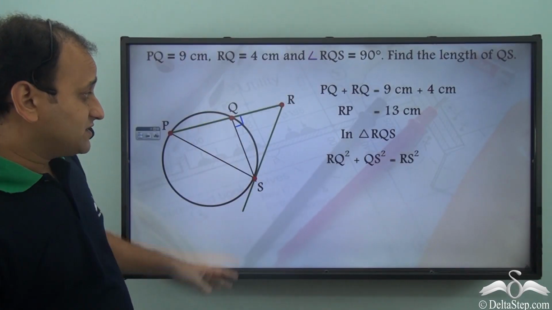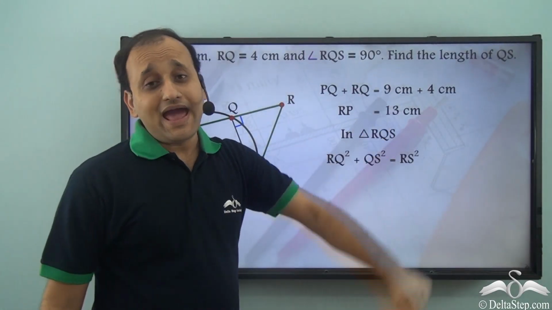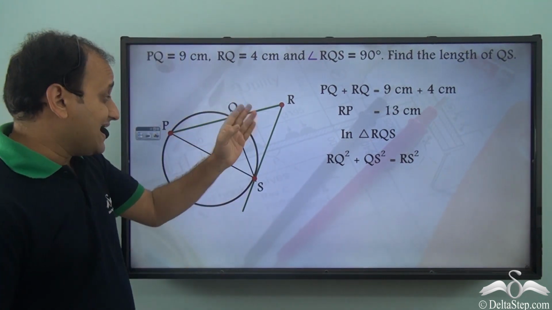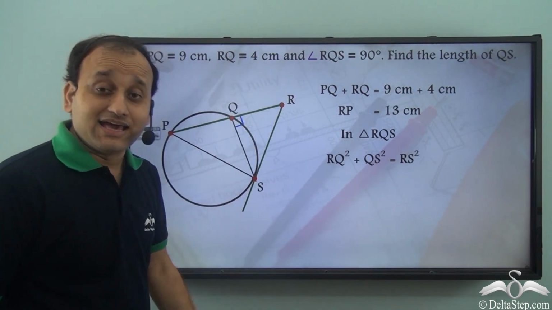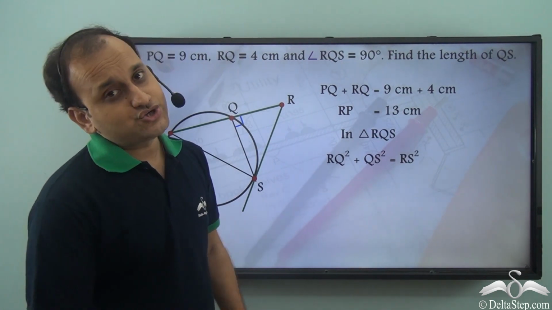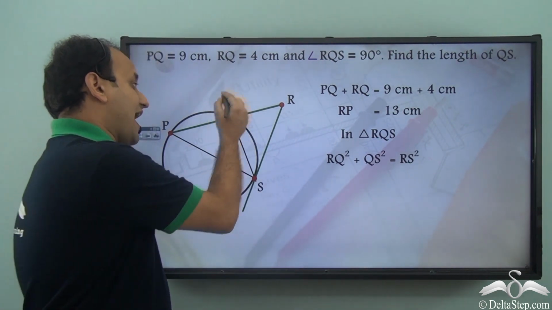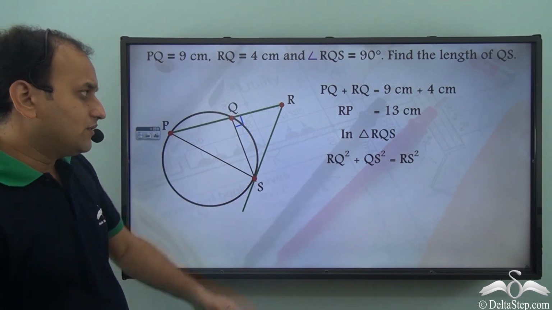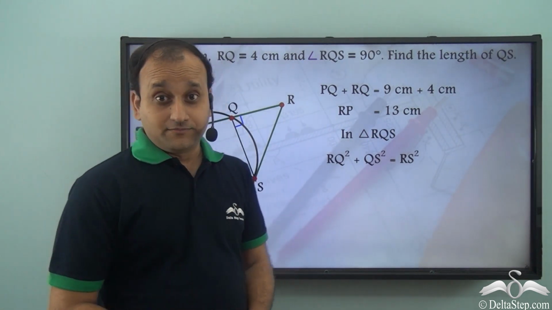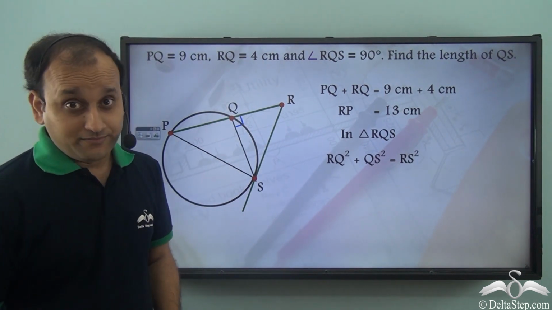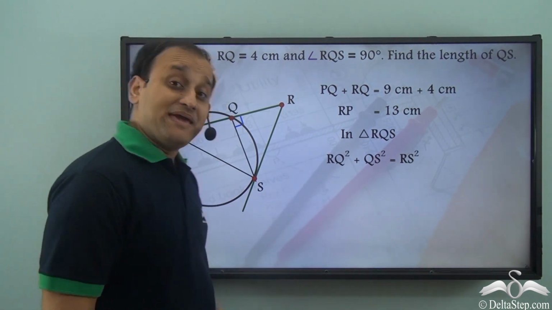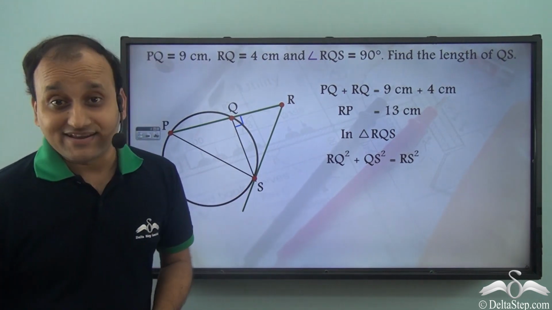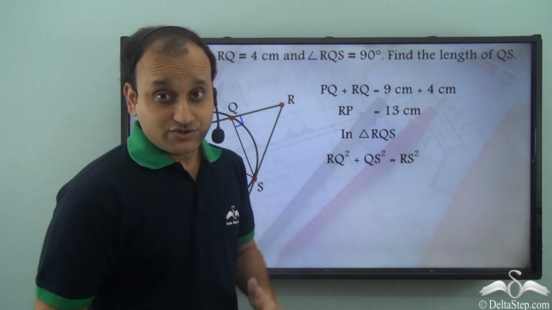Now, if we consider the triangle RQS, we know that triangle RQS is a right angled triangle because we have angle RQS which is 90 degrees. Now, in the case of right angle triangle, by Pythagoras theorem, we know that base square plus perpendicular square is equal to hypotenuse square.